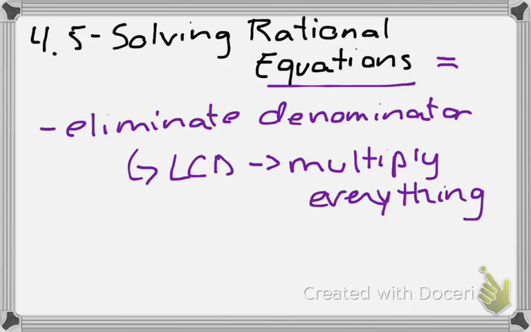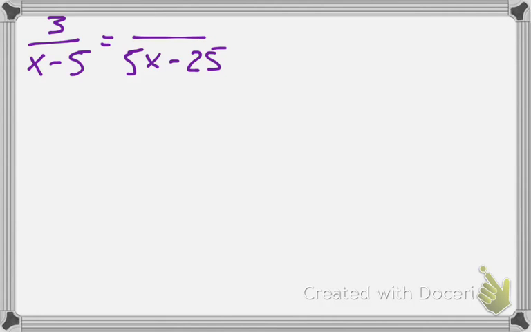Okay, so if we look at our first example, let's do something like x minus 5 under 3 is equal to 5x minus 25 over 10. Okay, so first things first, we always want to factor.